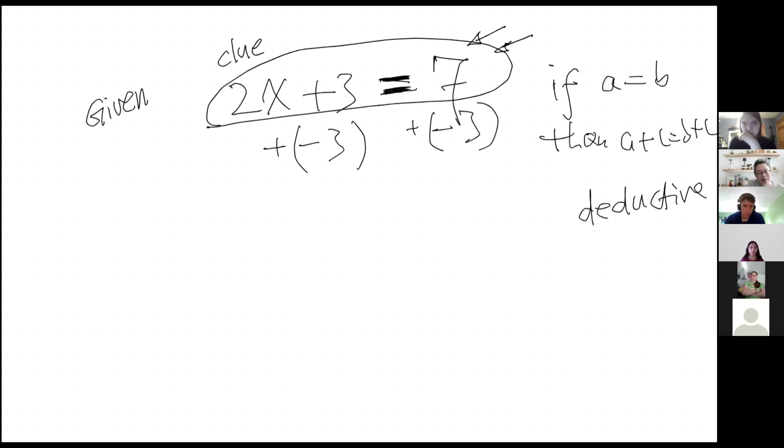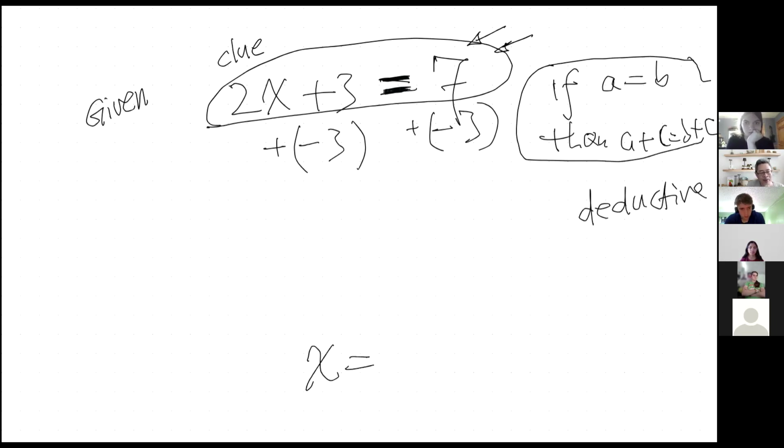We're trying to figure out what the truth is. So we subtract 3 on both sides, even though this property tells us we can add anything we want as long as it's the same, so C could be any number. The reason we add -3 is because we want to get rid of the 3. Our goal is to get x equal to something.